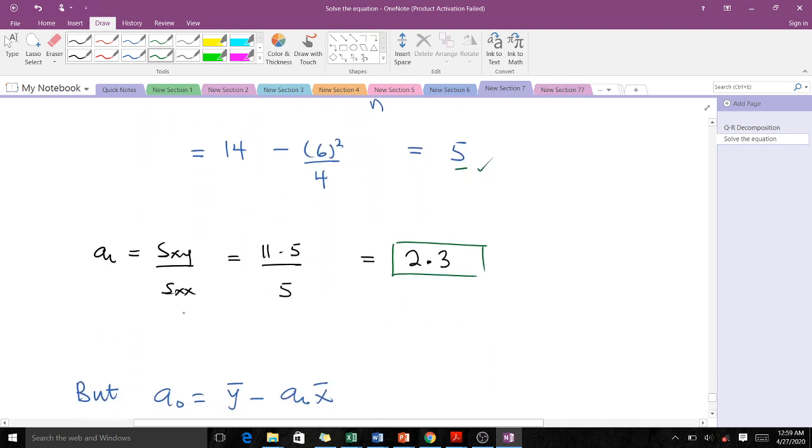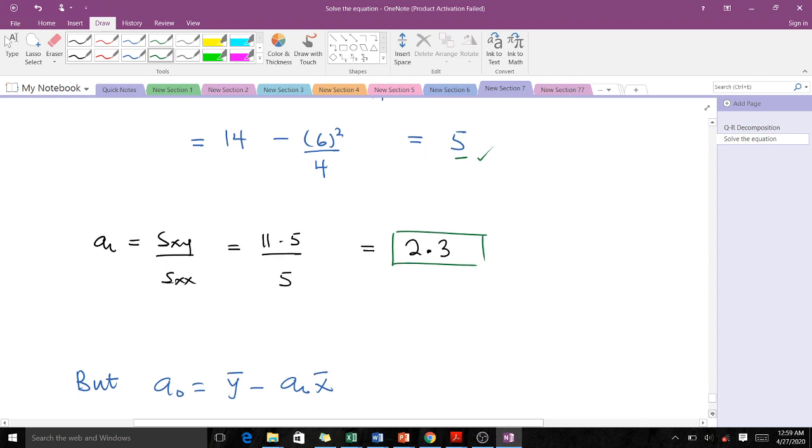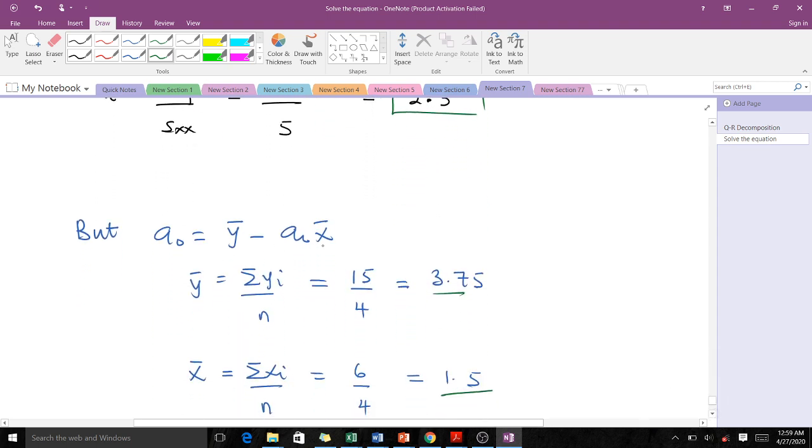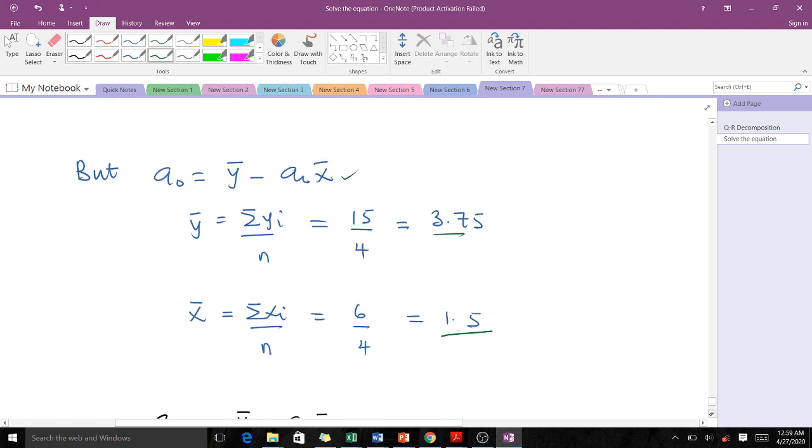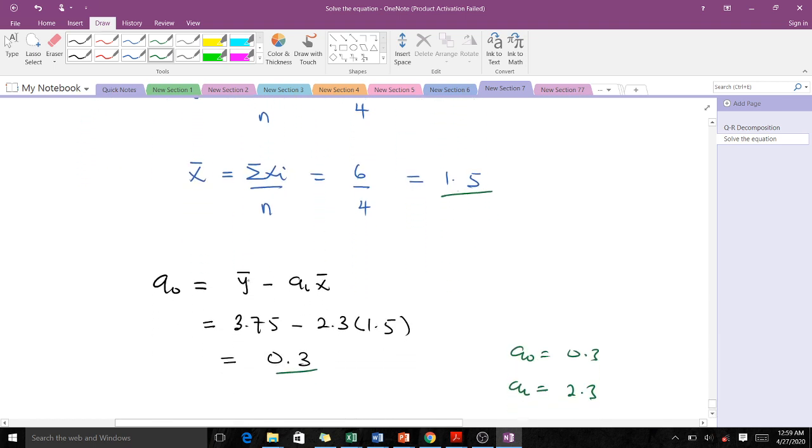So that means that our E1, which is given as this, will be 11.5 over 5, which is 2.3. That means now we have our E1, so we can find our E0. But E0 is given by this particular expression we have here, and there's our y bar, which we've already computed, and there's our x bar, which we've already computed. So simply put, our E0 is y bar minus E1 x bar, and our y bar is 3.75 minus, so our E1 is 2.3, x bar is 1.5.